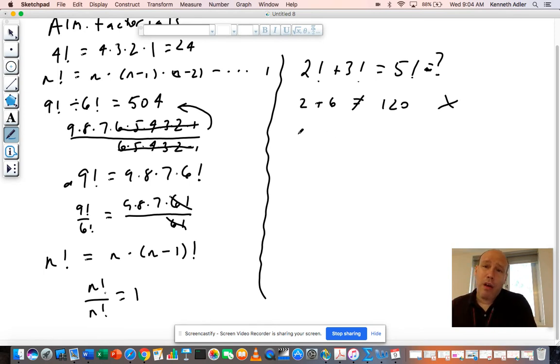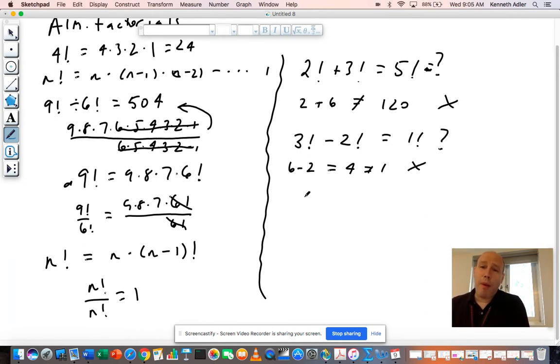How about 3 factorial minus 2 factorial? Does that equal 1 factorial? 6 minus 2 equals 4. It doesn't equal 1. This is out also. How about multiplication? How about 2 factorial times 3 factorial? Does it equal 6 factorial?